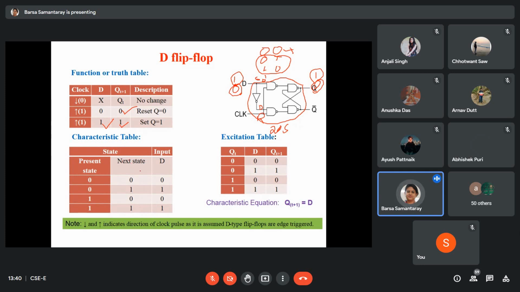So next state का expression you can find out. What is the next state? 0, 1, 0, 1. Data is 0, 1, 0, 1. So that's why characteristic equation is nothing but Q(t+1) is equal to D. Have you understood? Q(t+1) is equal to D. Have you understood? Yes, ma'am. Okay, so like this is the D flip flop.